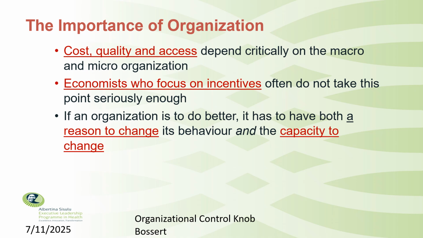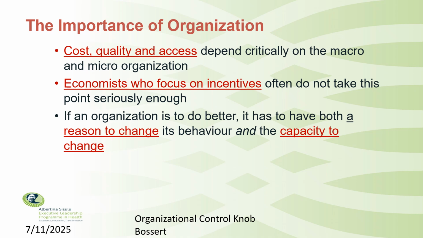And so if an organization has to do better, firstly, it has to have a reason to change its behavior. And secondly, it must have the capacity to change. So when we think about tweaking and changing the organizational control knob to improve the performance of the health system, we need to think about, firstly, whether that organization understands why it needs to change, and whether that is sufficient for it to change its behavior.